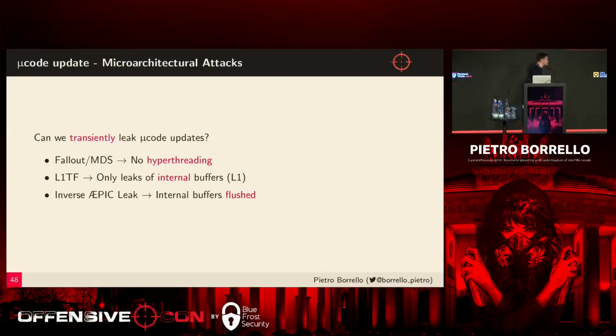We also tried an inverse ÆPIC Leak attack, which is a very interesting attack. ÆPIC Leak is a vulnerability that I actually discovered, and it lets you sample data from the superqueue inside the CPU. Every piece of data that passes through memory will be in the superqueue.